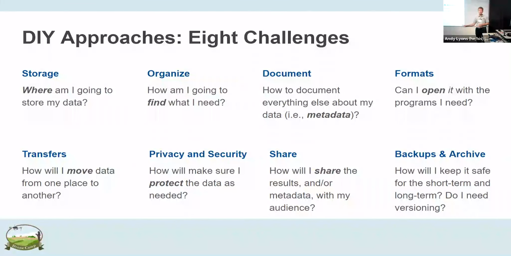Transferring data: it might just be you can drag and drop files using Windows Explorer from this drive to that drive. Maybe you have a network drive. It may not be that simple. If you're putting stuff on the cloud, or as we heard this morning, there are some places where internet's really slow, and dragging or uploading stuff via a browser may not cut it. So the mechanisms of physically transferring data might be something you have to get creative with.